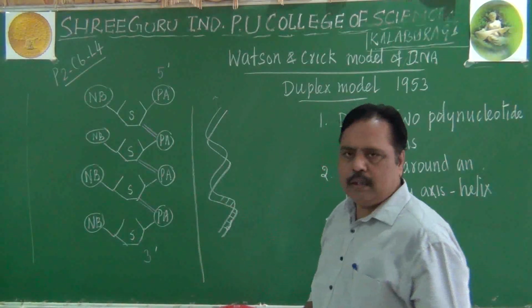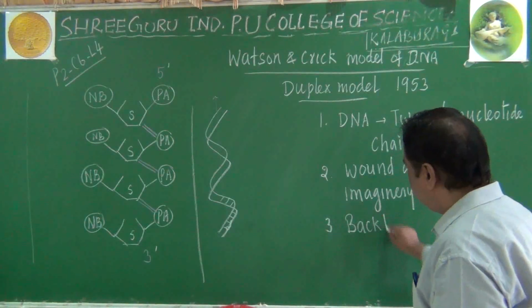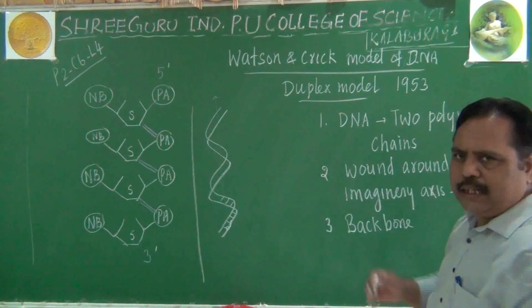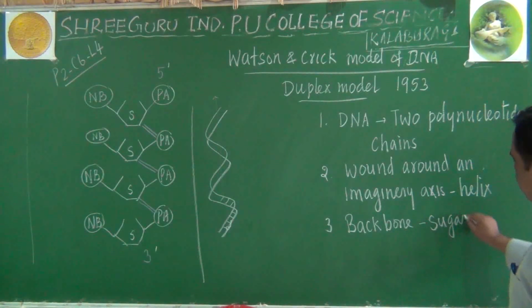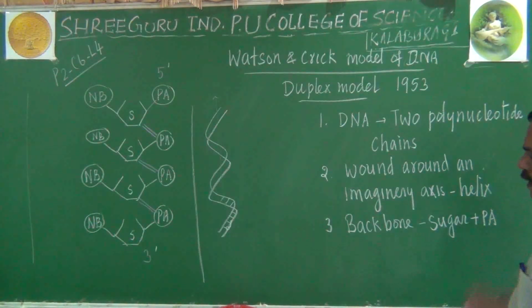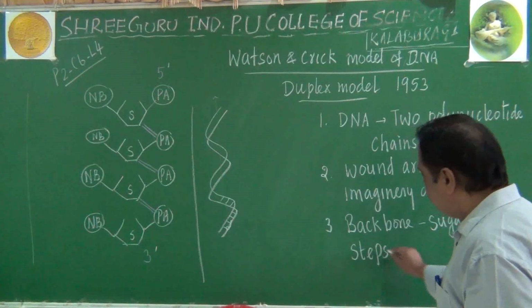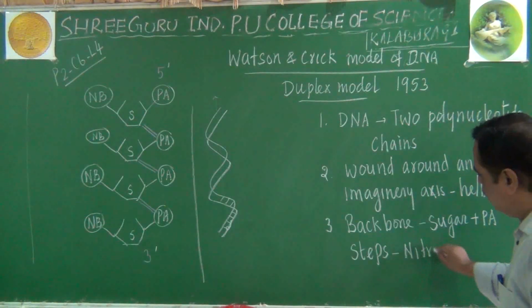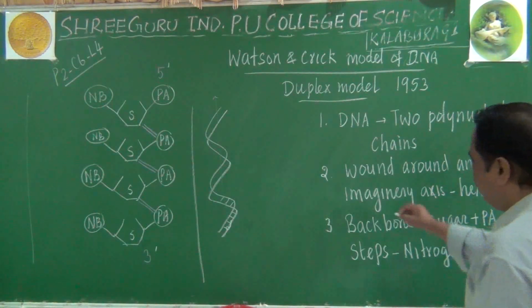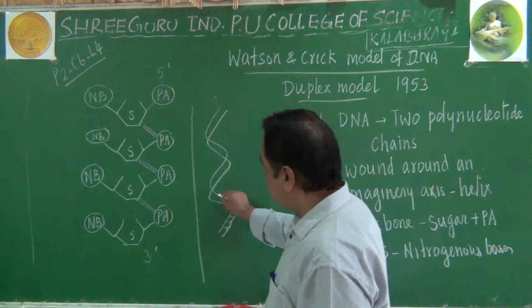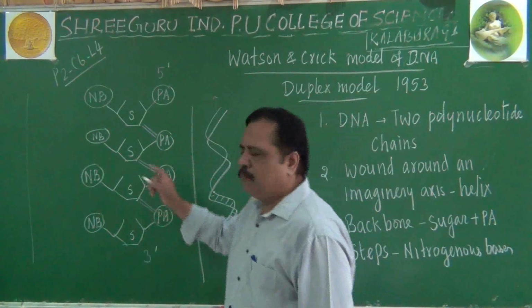So the third point is the backbone of the DNA molecule. The backbone is made up of sugar molecules and phosphoric acid, whereas the steps of the DNA molecule are made up of nitrogenous bases. Steps are made up of nitrogen bases, whereas the backbone is made up of sugar and phosphate.